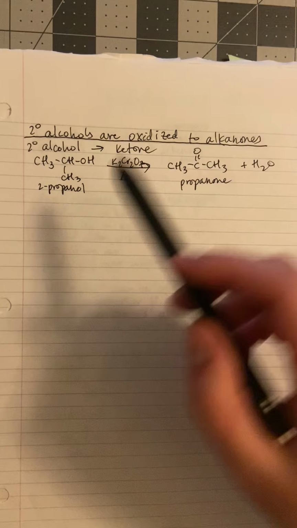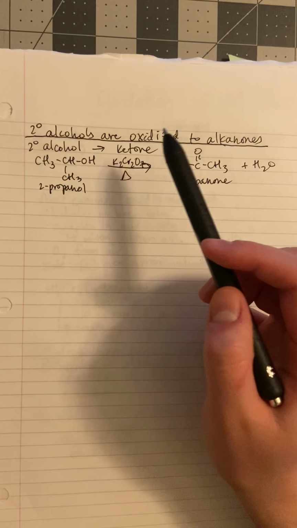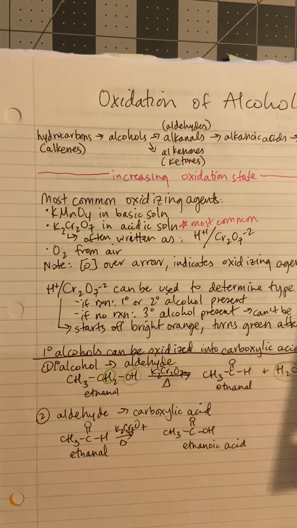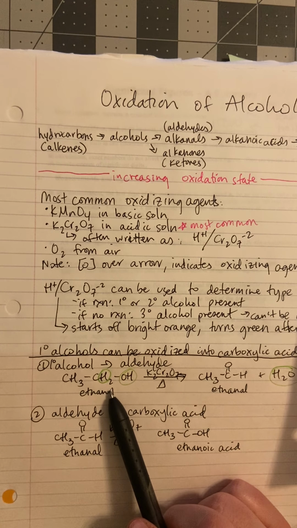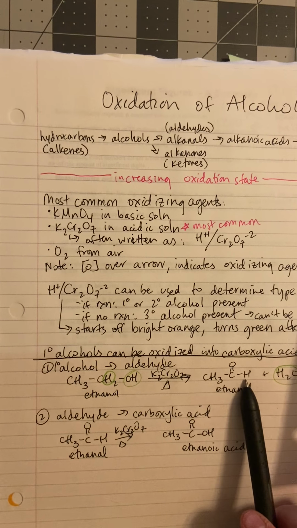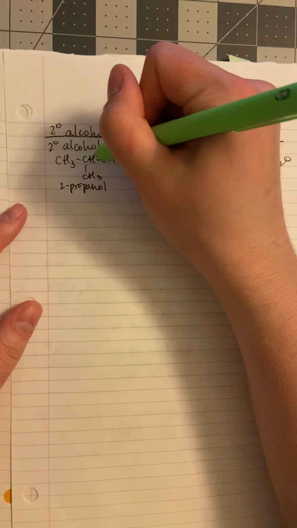So the reason why secondary alcohols can only be oxidized to a ketone is because they only have one hydrogen connected to this carbon right here. If they had two hydrogens, like we did in our primary alcohols, then we would be able to keep one of those hydrogens and turn our thing into an aldehyde. But that's not possible in this case, so that's why.